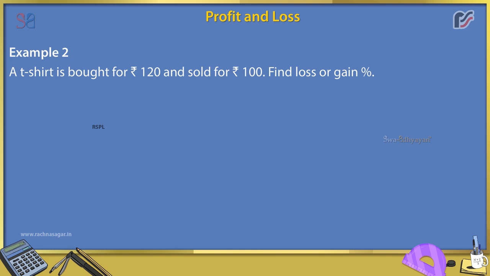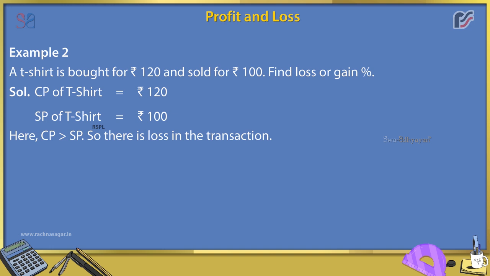Example 2. A t-shirt is bought for ₹120 and sold for ₹100. Find loss or gain percent. Solution. CP of t-shirt is equal to ₹120. SP of t-shirt is equal to ₹100. Here, CP is greater than SP, so there is loss in the transaction. Loss is equal to CP minus SP, which is equal to ₹120 minus ₹100, which is equal to ₹20.